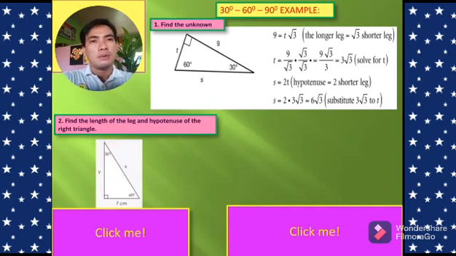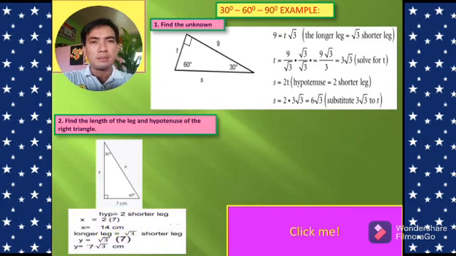Now, when you're going to solve, using the formula, hypotenuse is equal to 2 times the shorter leg. So hypotenuse, which is our x, as we substitute, 2 times 7 centimeters, so our hypotenuse is going to be 14 centimeters.